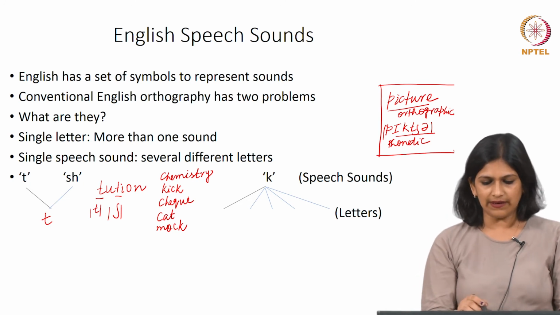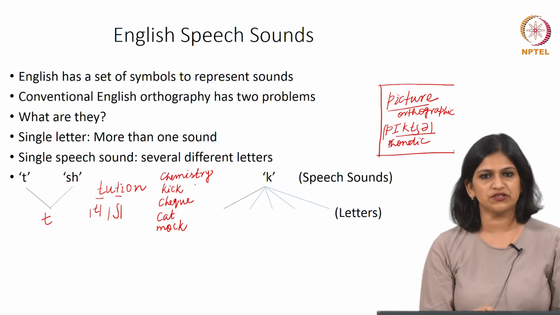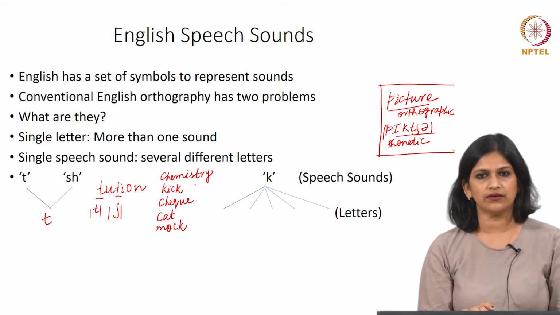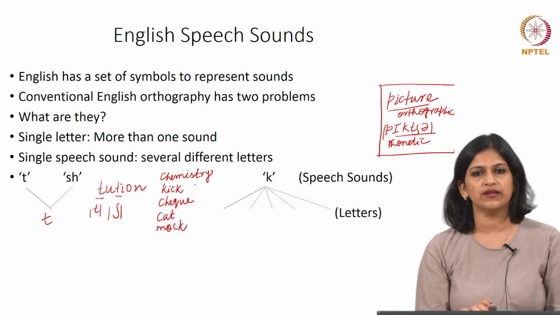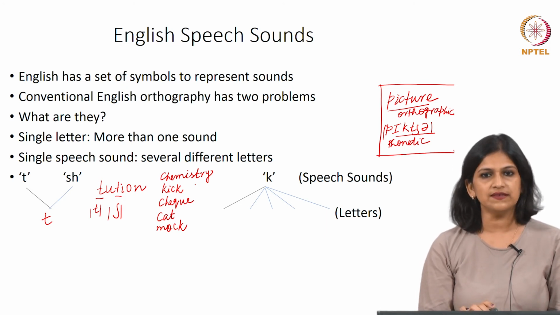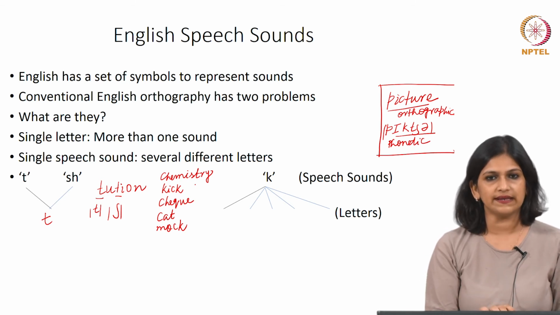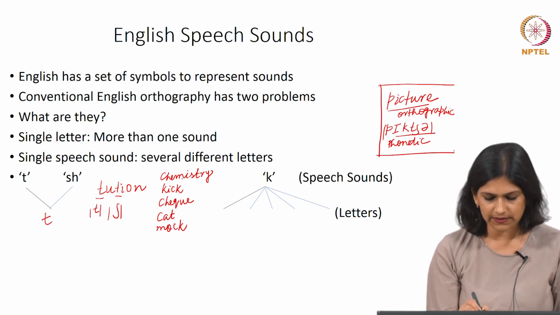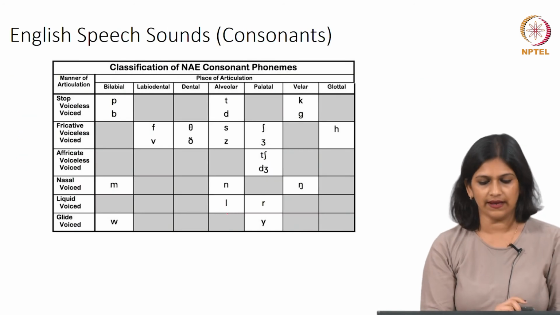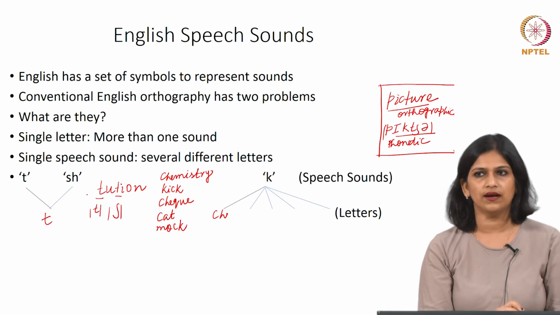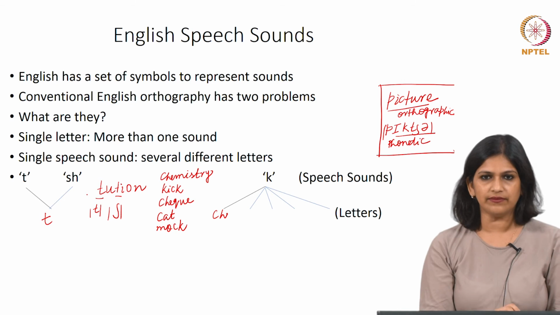Okay. So now let's look at the first word, chemistry. What is the first sound when you say the word chemistry? K. If the first sound is k, what are the corresponding letters? If you look at this, the corresponding letters are C, H. Okay. How about the second one, kick?